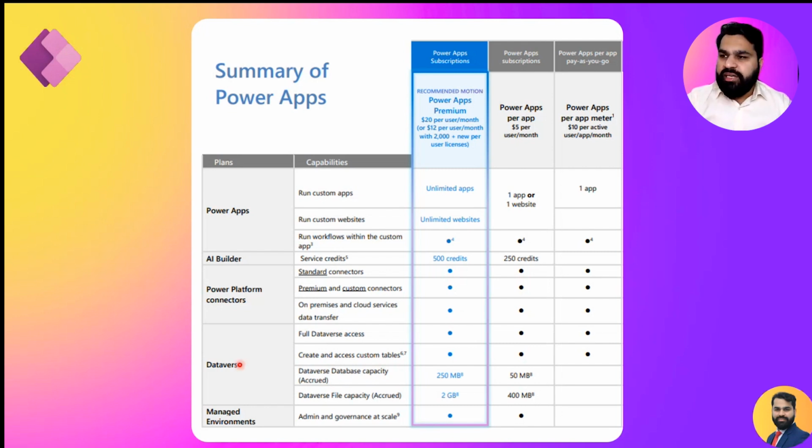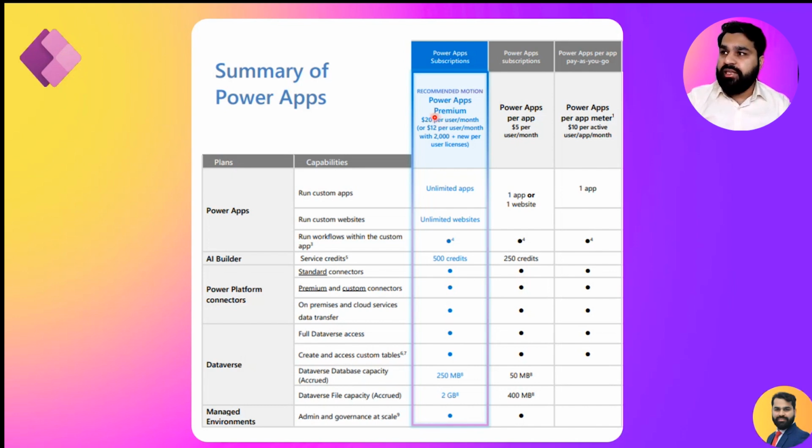Talking about Dataverse, these users will have full Dataverse access. These users will be able to create and access custom tables as well. Now, there is a separate database capacity which will be acquired to the tenant per license which is procured based on use.